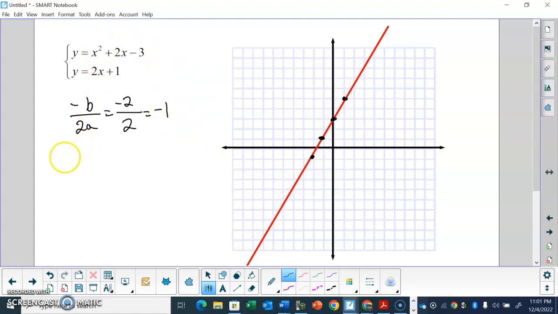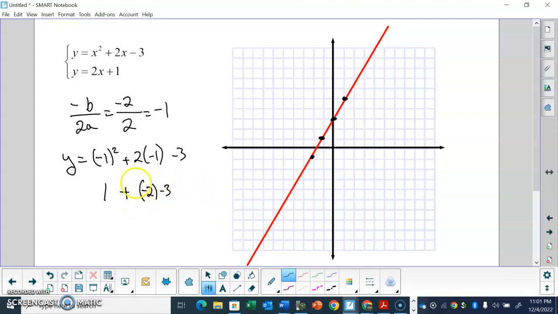I need to take that and put it back in, so y is equal to negative 1 squared plus 2 times negative 1 minus 3. So if we look at this, we get 1 plus a negative, plus a negative 3.